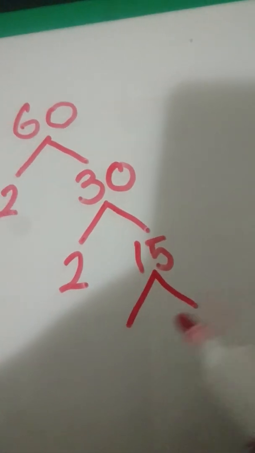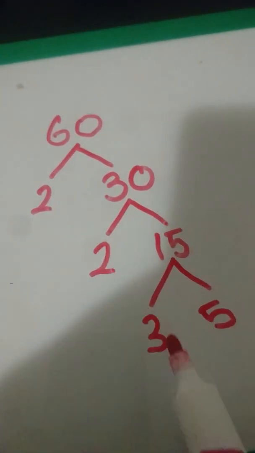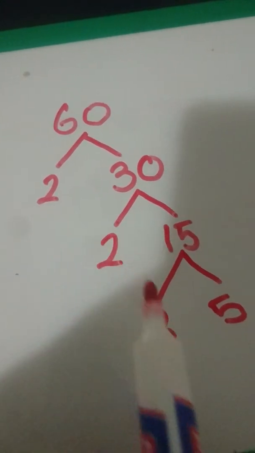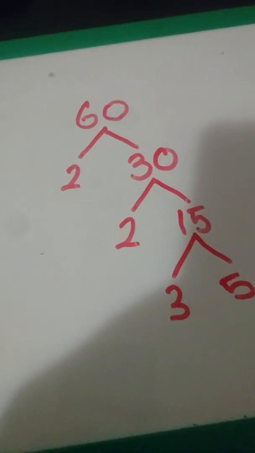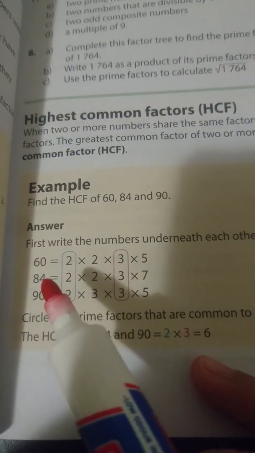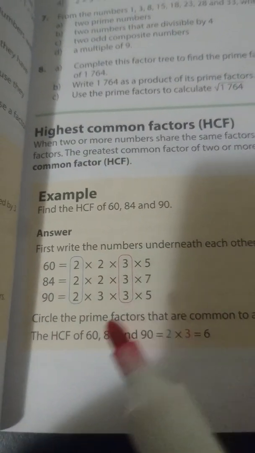What will give us 15? 3 times 5. Now, all of these numbers here are prime factors, so it cannot be simplified further. Therefore, 2 times 2 times 3 times 5 will give us 60, right? So that is how you get it here. So you write it out as is, okay? You do the same thing for 84, the same thing for 90.